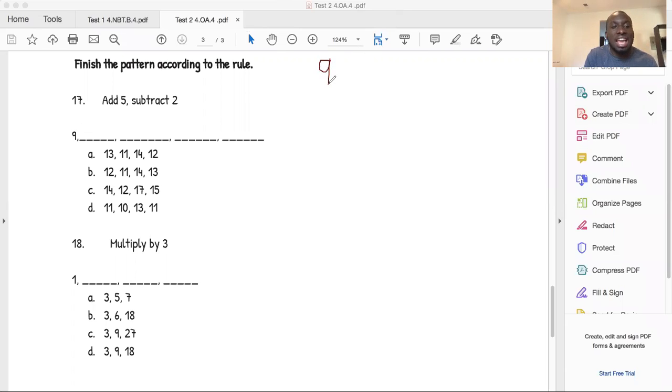I got 9. The first thing is I have to add 5. I get 14. Yes, 14 is my first number. Then I have to subtract 2. I get 12. 12 is my second number.